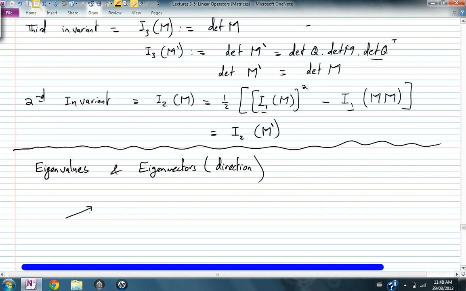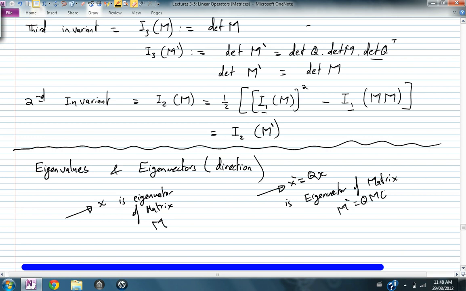If x is an eigenvector of matrix M, then x prime, which is equal to qx, is an eigenvector of matrix M prime, which is equal to q M q transpose.